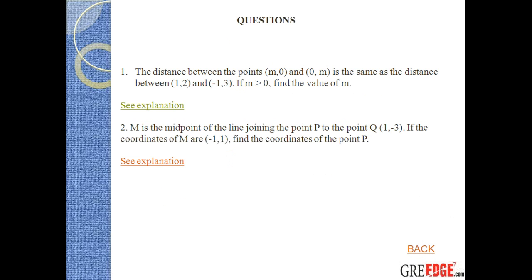M is the midpoint of the line joining the point P to the point Q 1, minus 3. If the coordinates of M are minus 1, 1, find the coordinates of the point P. So here what is given in the question is that M is the midpoint of the line PQ, the line joining P to Q. The coordinates of the midpoint are given as minus 1, 1, and the coordinates of the other point Q are given as 1, minus 3.